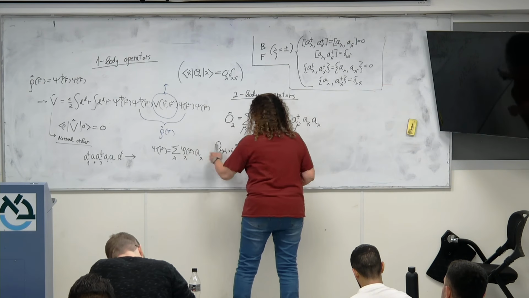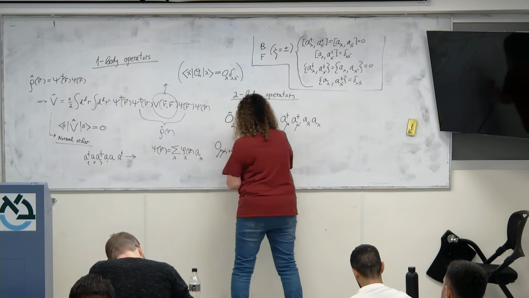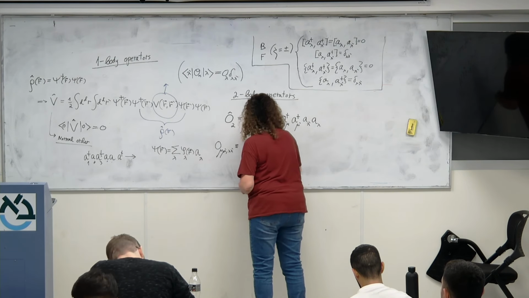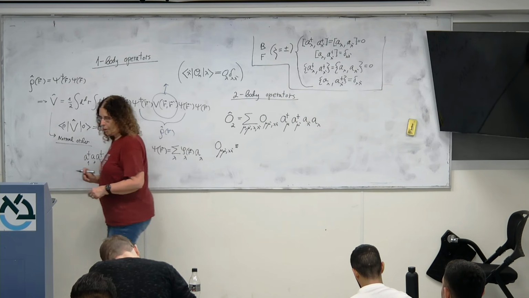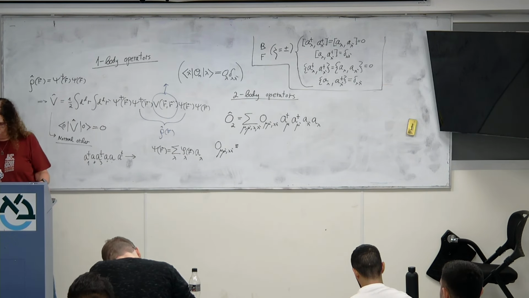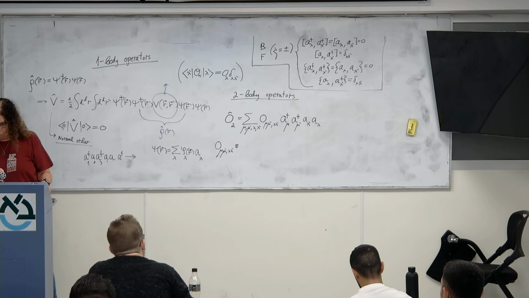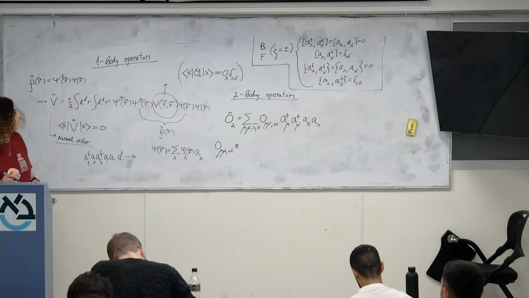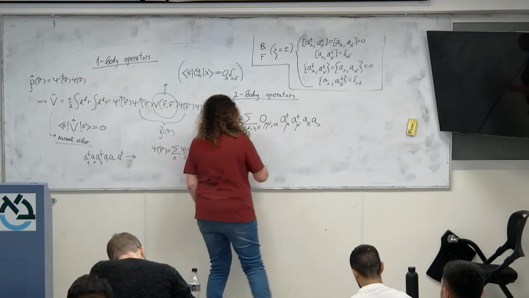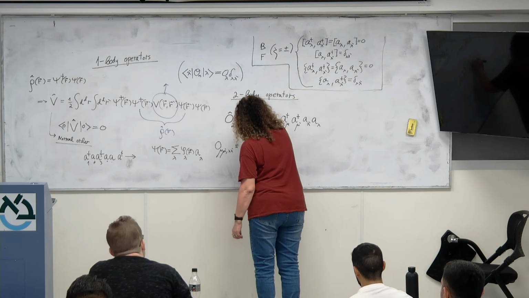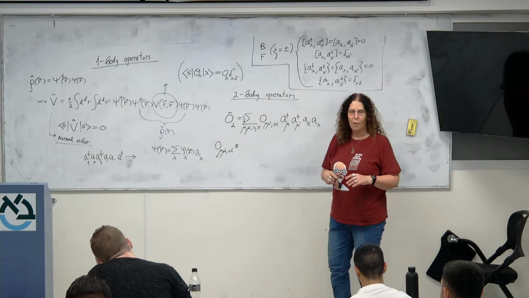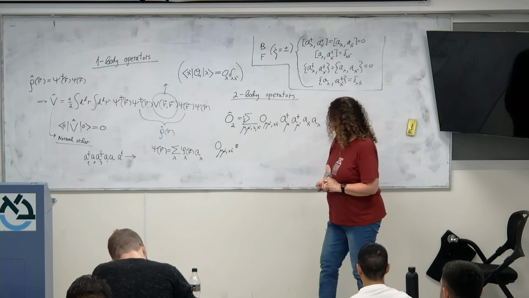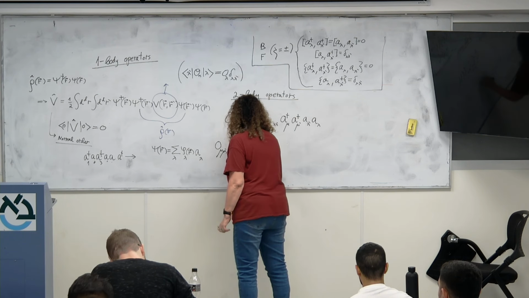Okay? With this definition, the matrix element is, let me just check if I kept track of the factor of half. Okay, to be on the safe side, let's put it here. This is just a factor of half that prevents double counting. And now what is this?